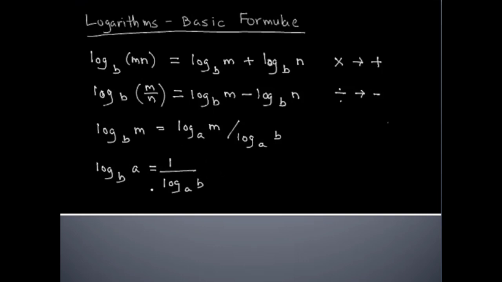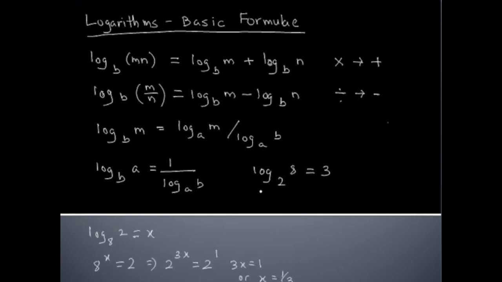So this is something that we can check, right? Let's take the fourth one first. What you have is, say, log base 2 of 8 equals 3. This essentially means what? 2 raised to the power 3 equals 8. Similarly, as we can see in this case, log base 2 of 8 equals 3. Why?